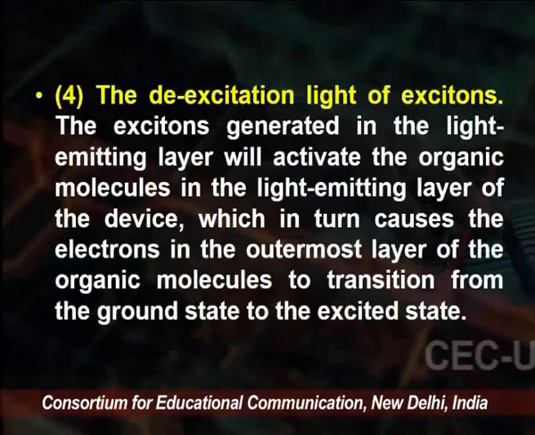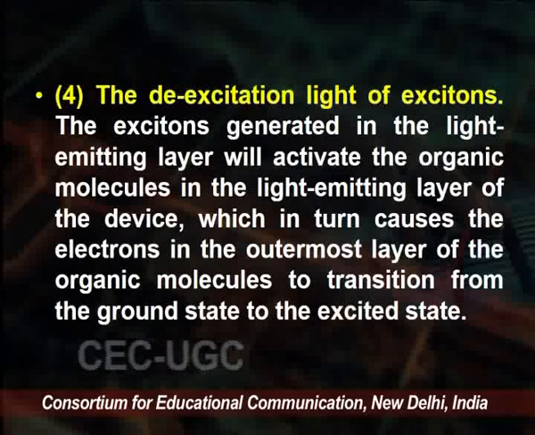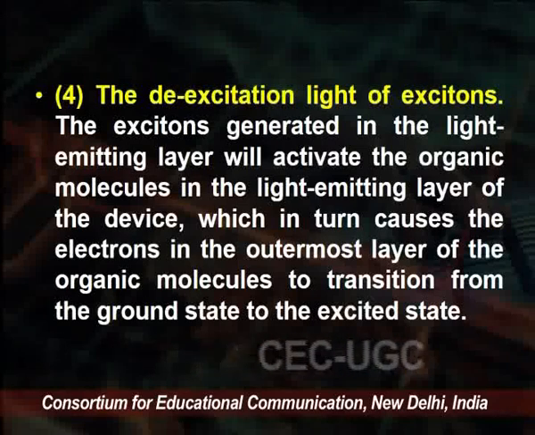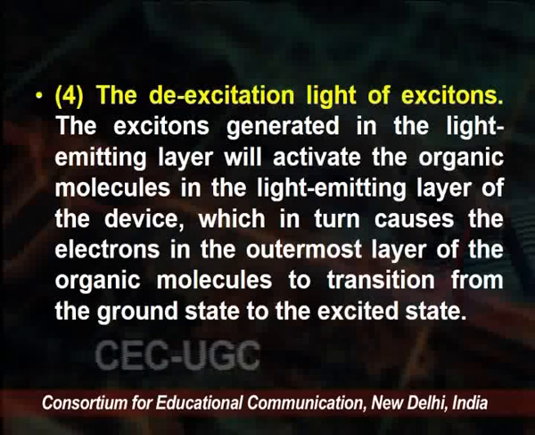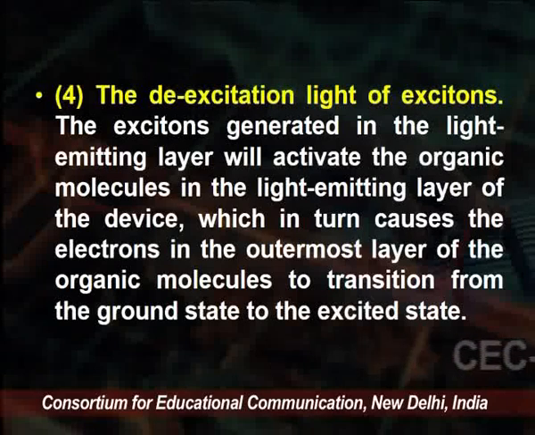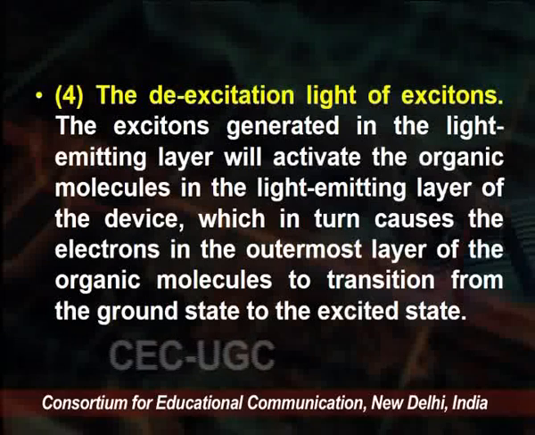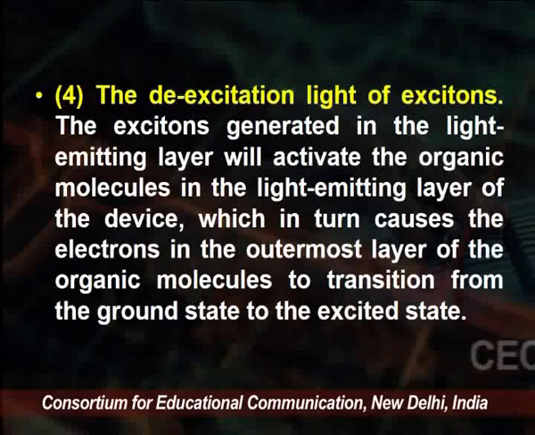In the fourth step, there is a de-excitation of the excitons. The excitons generated in the light emitting layer will activate the organic molecule in the light emitting layer of the device, which in turn causes the electrons in the outermost layer of the organic molecule to transition from the ground state to the excited state.